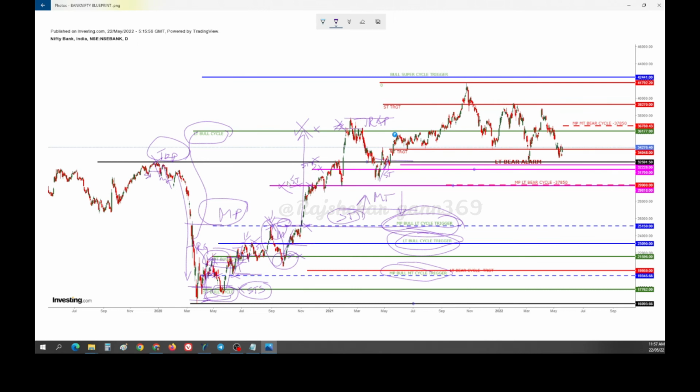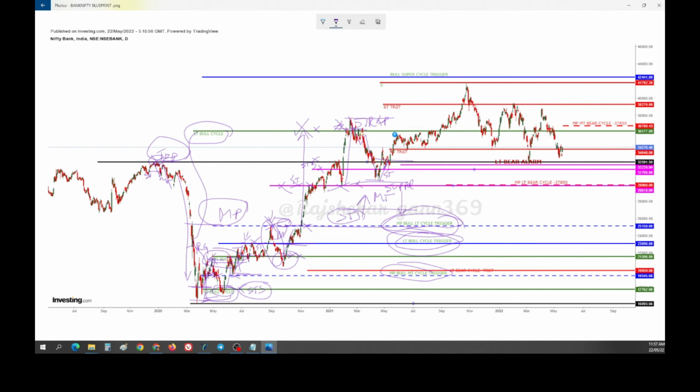So this was your support or resistance from the previous top. So this offered support again and triggered this level while it was moving from this bottom. And after we hit, we came back and took this support. Now this is offering support. Unless we break it, we'll stay in this bull cycle for some more time.